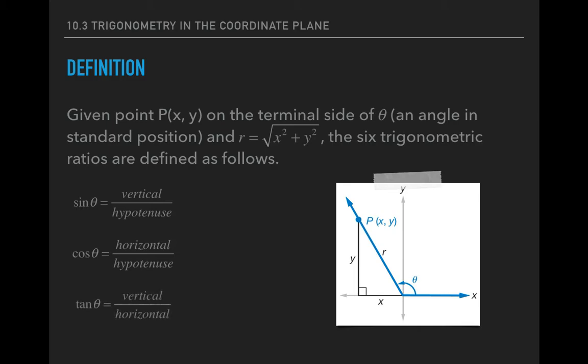And tangent is going to be your SOHCAHTOA opposite, which is the vertical component, the y value, over your adjacent, which is going to be that horizontal side measure there. Now, the reciprocals would just be taking and flipping those values.